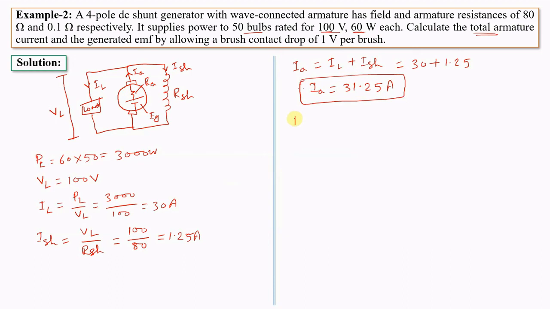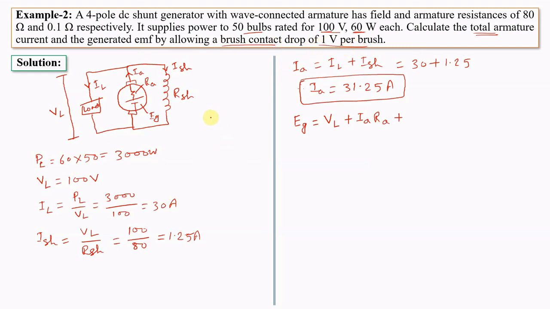Now the generated voltage EG will be equal to the voltage across the load plus the losses. The losses mean the voltage drop across the armature winding, which is represented as RA into IA, plus, in this question, it is considered that there is a brush contact drop of 1 volt per brush.